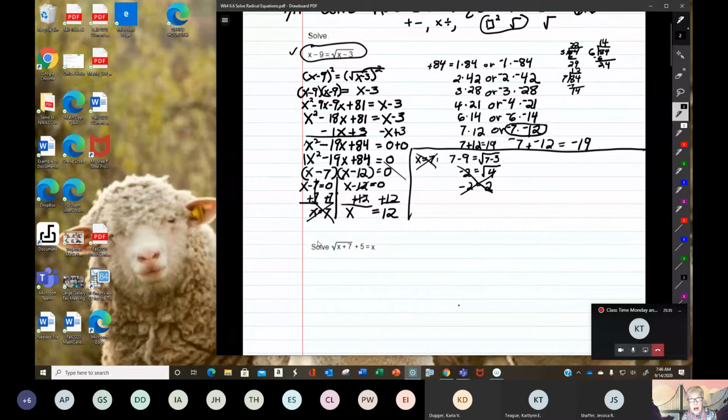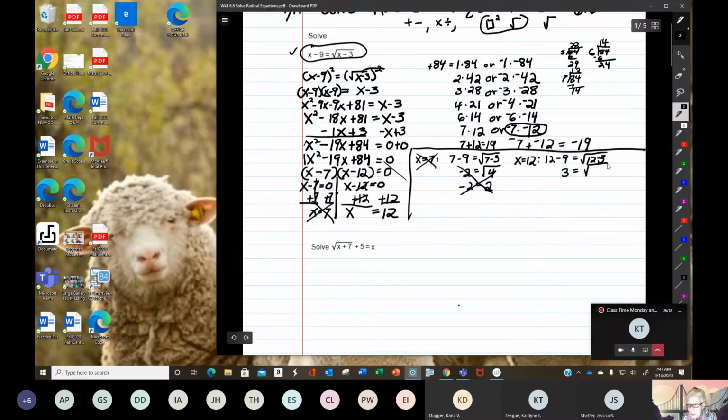Now, most of the time, the other answer will be correct, but you haven't got a guarantee. I've worked problems where both answers are extraneous, so we still have to check x equals 12. Okay, so I'll have 12 minus 9 equals the square root of 12 minus 3. 12 minus 9 is 3.